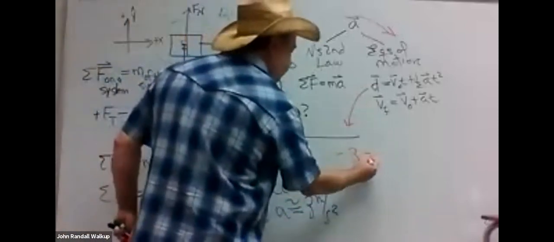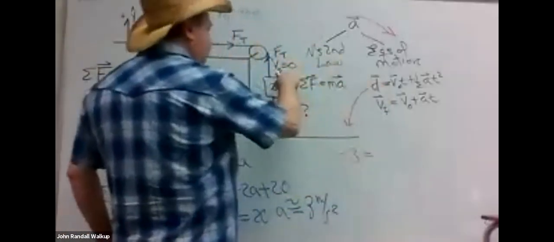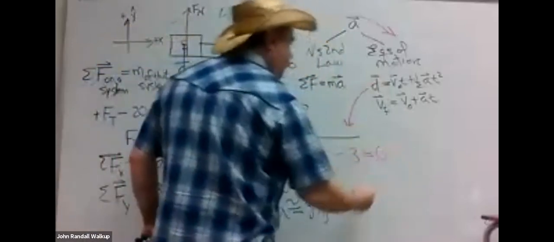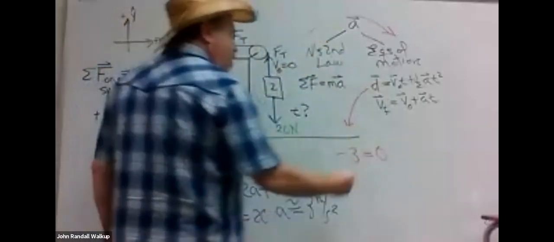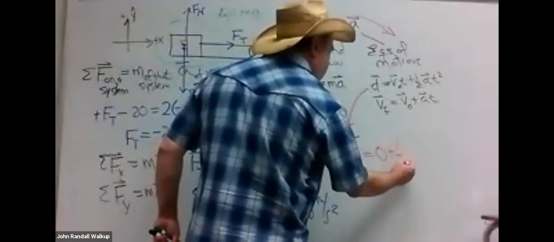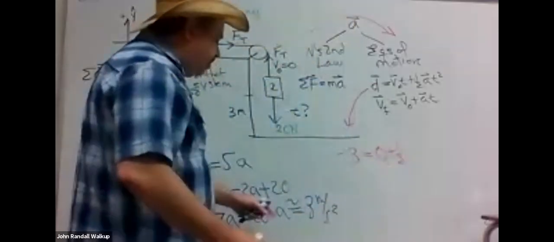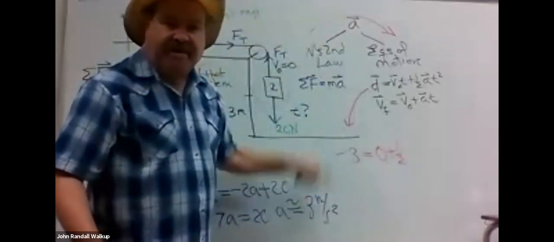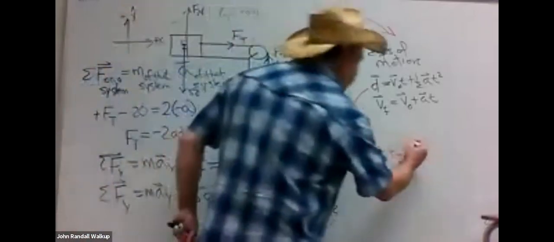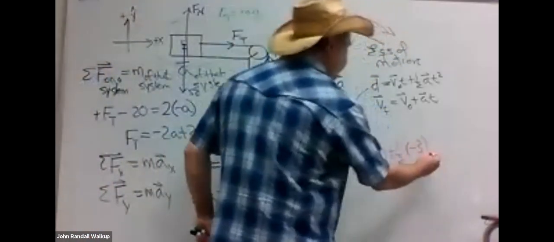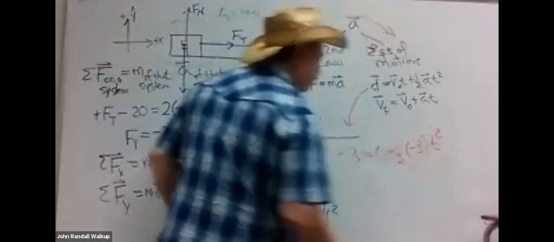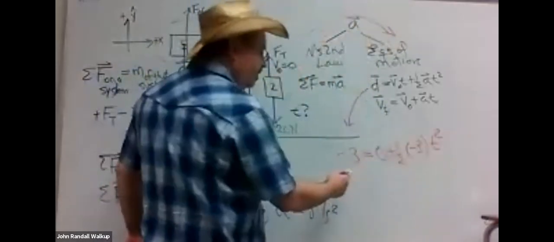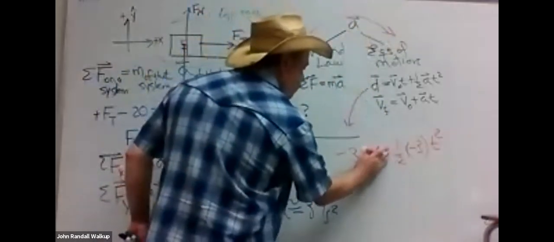is equal to the initial velocity, well, that's 0, times t, plus 1/2 times the acceleration. Its magnitude is 3, but it points down. Times t squared. Now I notice something. I can take the 0 out.